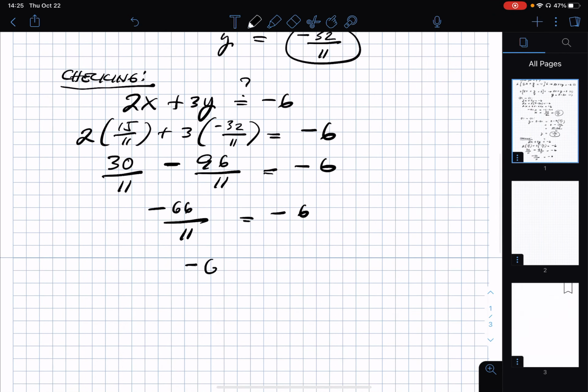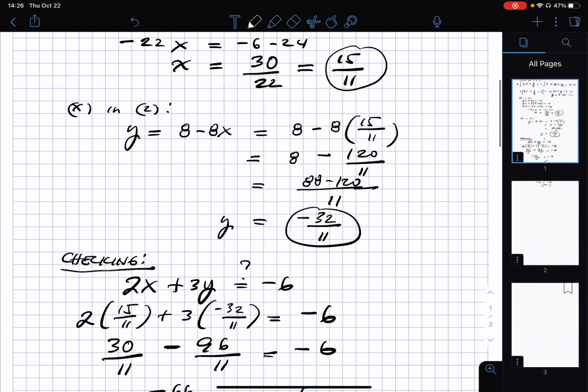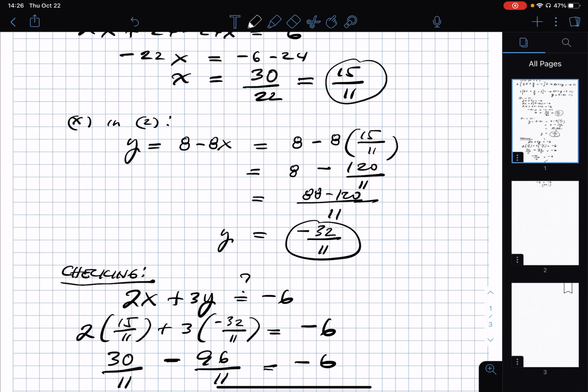So negative 6 equals negative 6. This is okay. So the values are x equals 15 over 11 and y equals minus 32 over 11. These numbers are already simplified because they are no longer divisible by any number, and this will be your final answer.